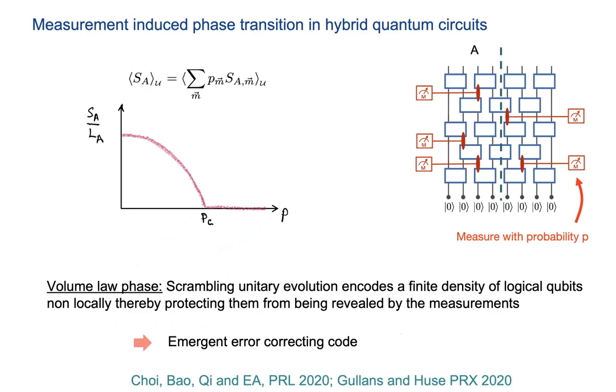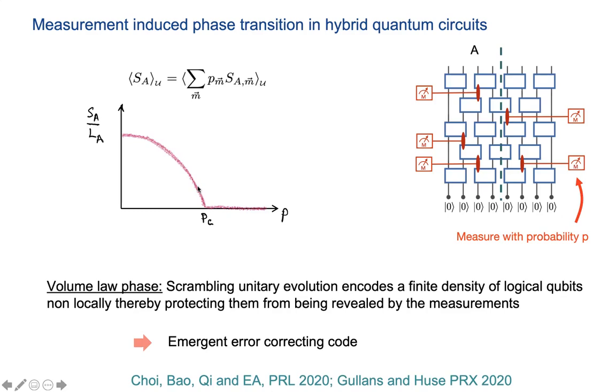Basically, the unitary evolution scrambles the quantum information, which means it encodes quantum information into highly non-local degrees of freedom that are hard to measure. So if we try to measure it with local measurements, we reveal nearly zero information, and therefore we are not completely collapsing the state, and we have some remnant logical qubits, and this is this entanglement density.